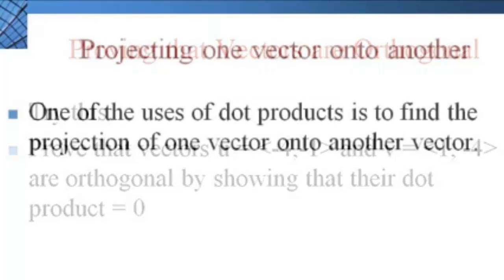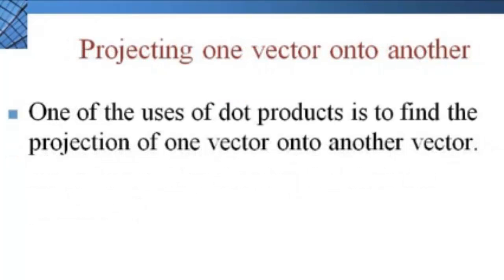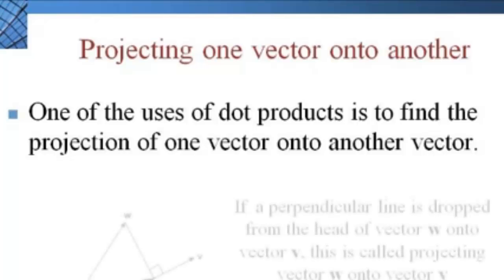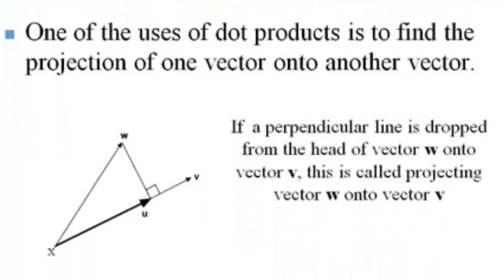Our next concept is projecting one vector onto another. One of the uses of dot products is to find the projection of one vector onto another vector. What this means is if we take a perpendicular line dropped from the head of vector w onto vector v, this is called projecting vector w onto vector v.